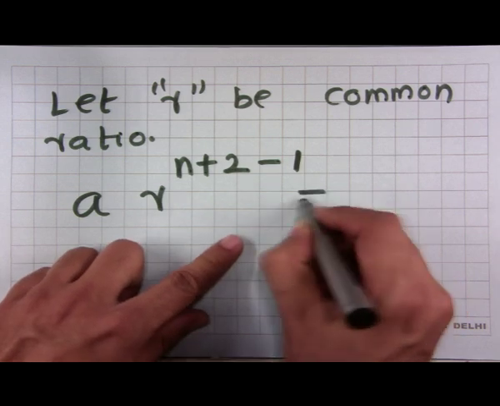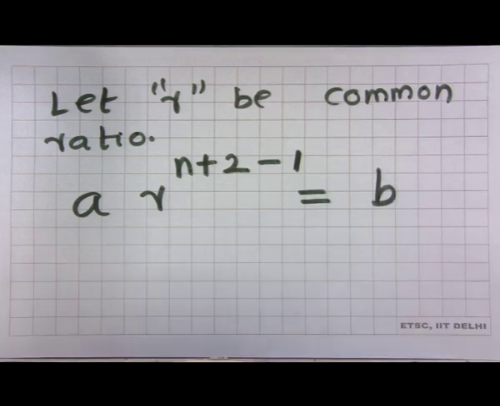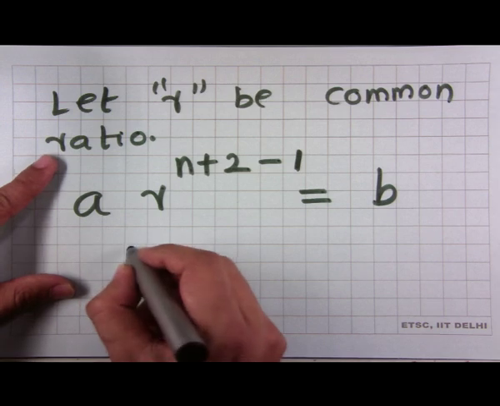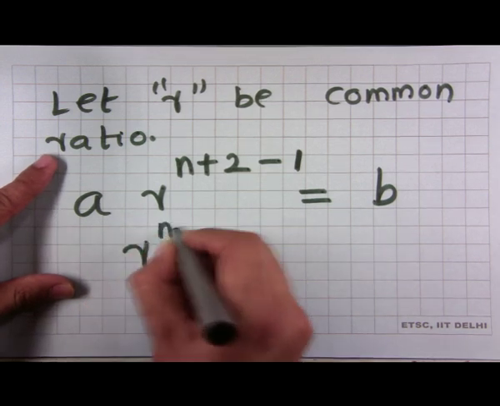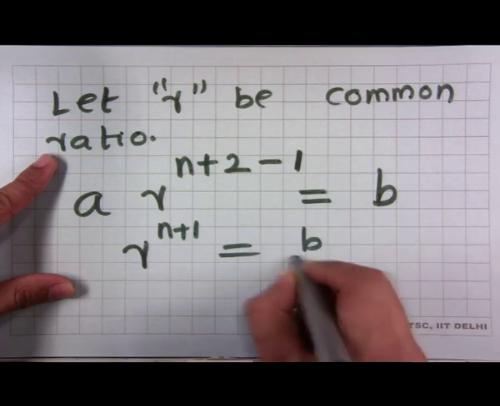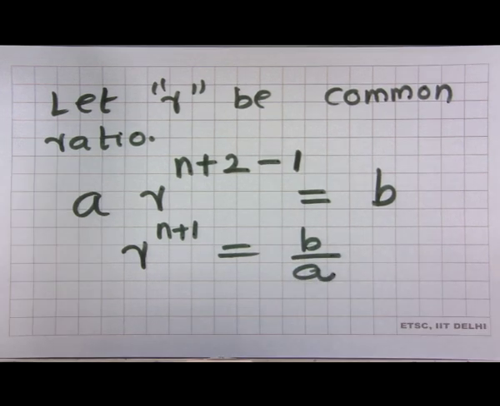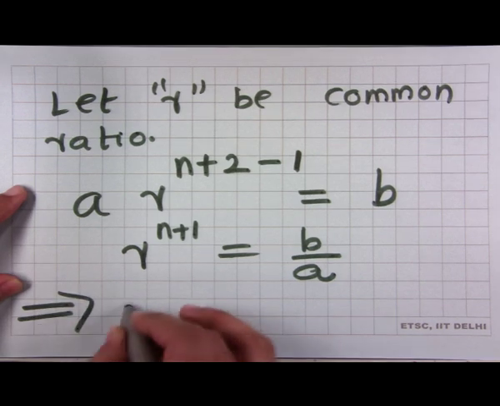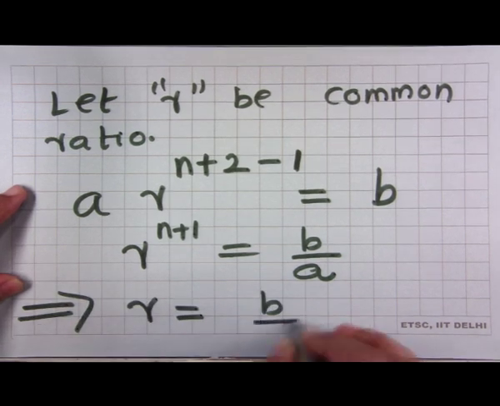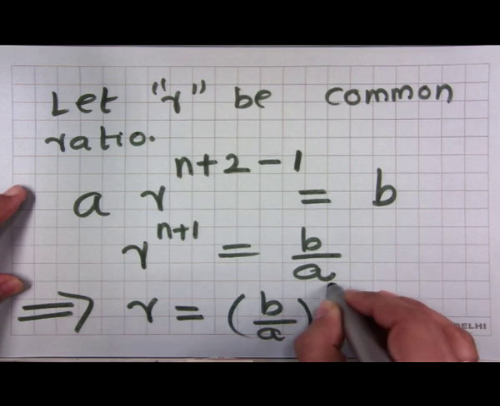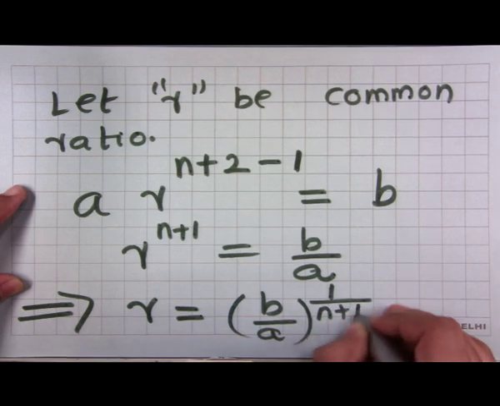That we need to be B. So, R power n plus 1 is equal to B by A, which amounts to R equal to B by A the whole power 1 by n plus 1.